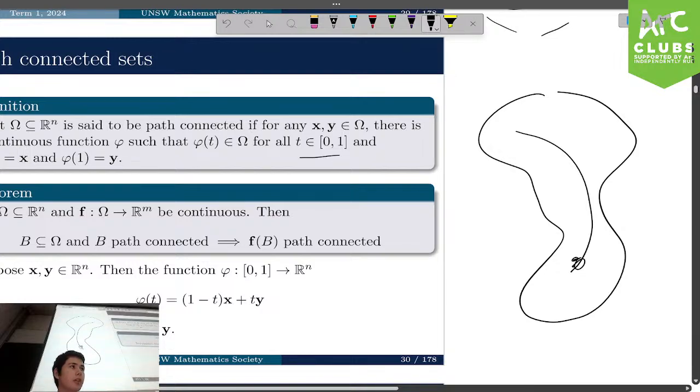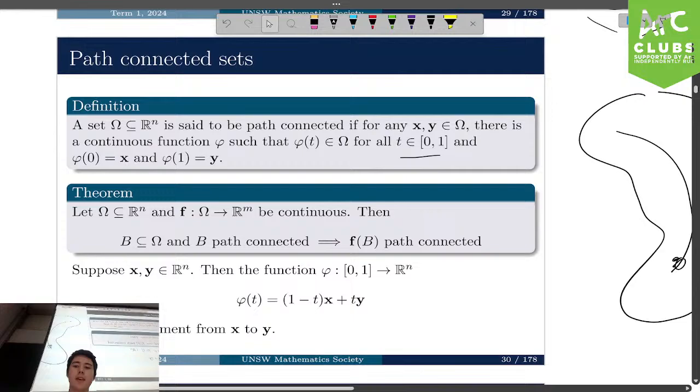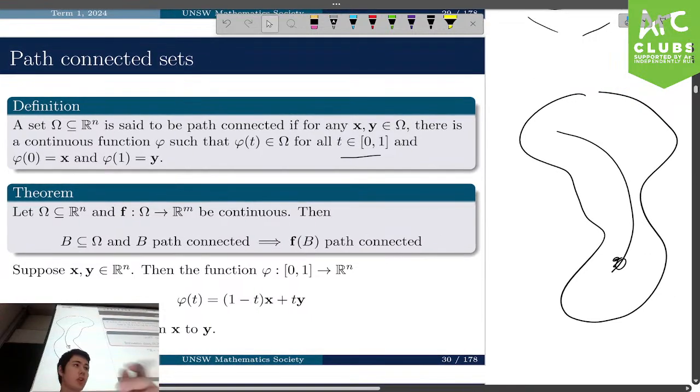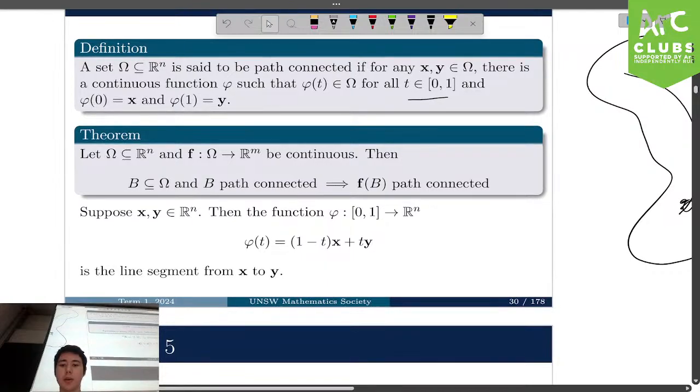Typically we use 0 to 1 just because in straight lines it's very easy to deal with. It can be a little tricky determining what any exact parameterization is, but it becomes very easy to disprove it though. Another little bit, if you have a continuous function, path connectedness is preserved.